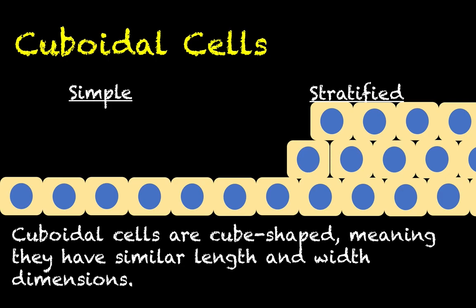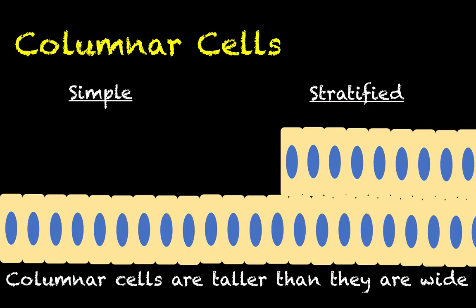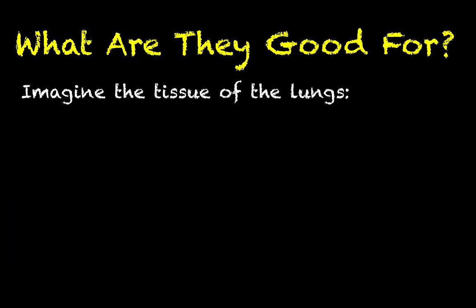And they are going to have a fairly similar length and width dimension. So again, they look very much like cubes. And then you have the columnar cells, which are taller than they are wide, hence why they have the word column in their name. In all three cases, of course, you can see what I was saying before. We can find them as simple cell layers or as stratified cell layers in which there are many layers stacked on top of each other.